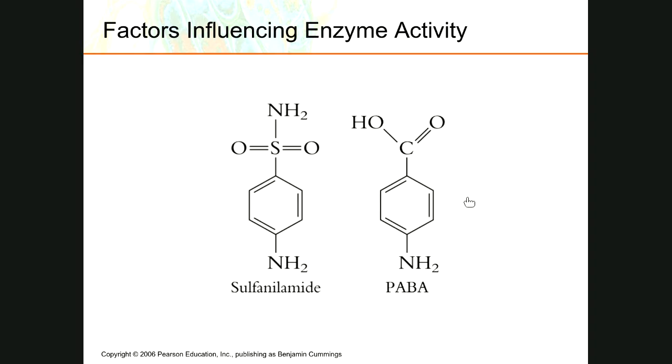We get it from the foods we eat. But many bacteria, and especially certain pathogens, must synthesize their folate. So you can use sulfa drugs to block the enzyme and prevent PABA from being converted into folate or folic acid. This is an example where sulfanilamide is a competitive inhibitor of PABA.